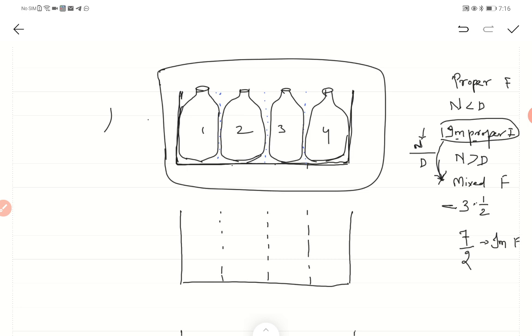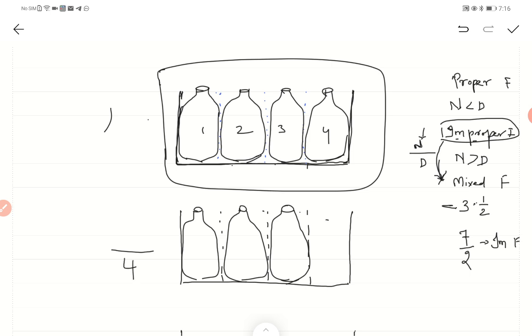Now when the same tray is filled with only 3 bottles, the rest is empty, so 1 is empty. How do I represent this? In the denominator you will write how many you can accommodate: 1 2 3 4, 4 bottles.